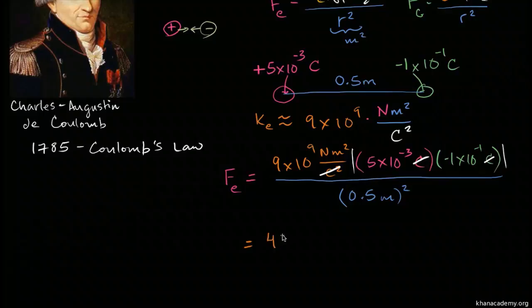So it's going to be 45 times 10 to the 9 minus 3 minus 1, so 6, 5. So that's going to be 10 to the 5th. The coulombs already canceled out.